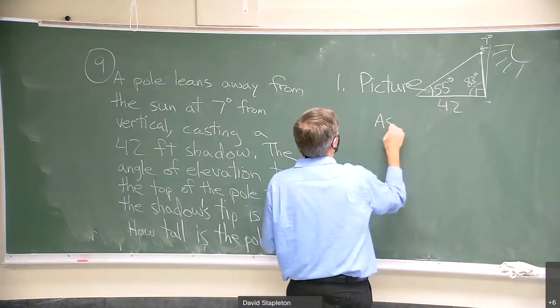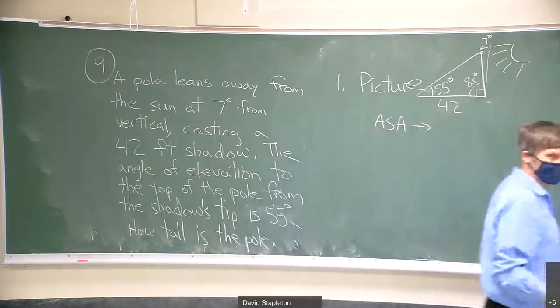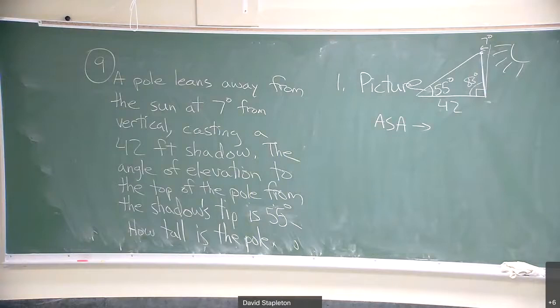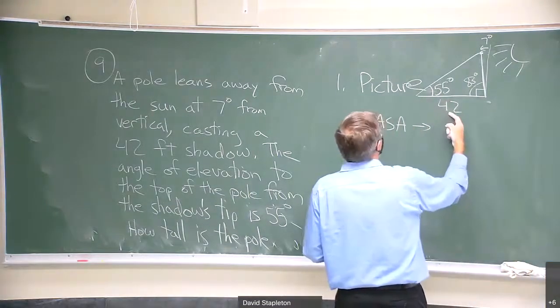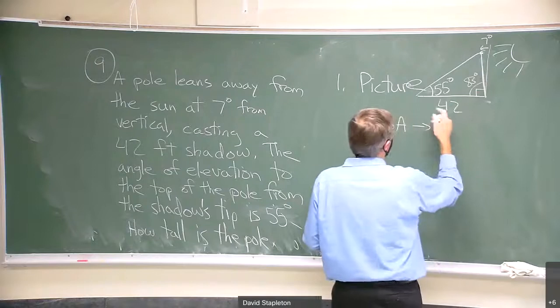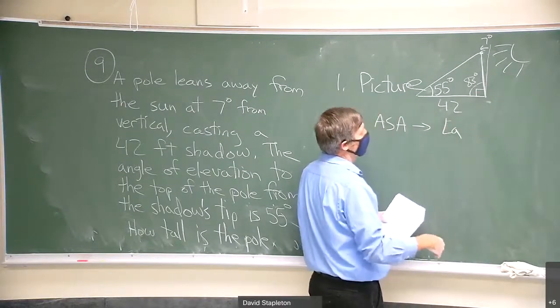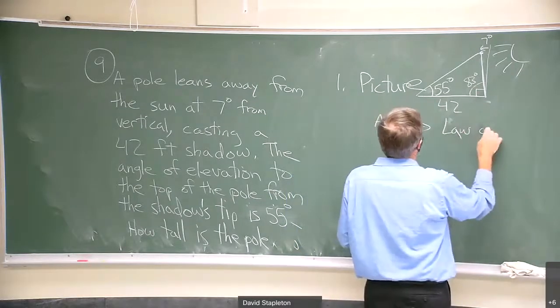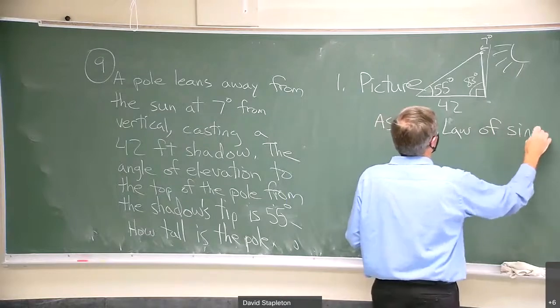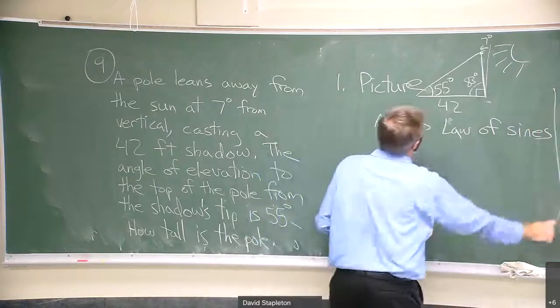That's angle, side, angle. Do I use the law of sines or cosines? Oh, we said this is angle followed by side followed by angle. Angle, side, angle says it's the law of sines, right? Side, side, angle, and side, angle, side are law of cosines. It's not one of these, right? Law of sines will give me all but one number in an equation, and I can solve it quickly.